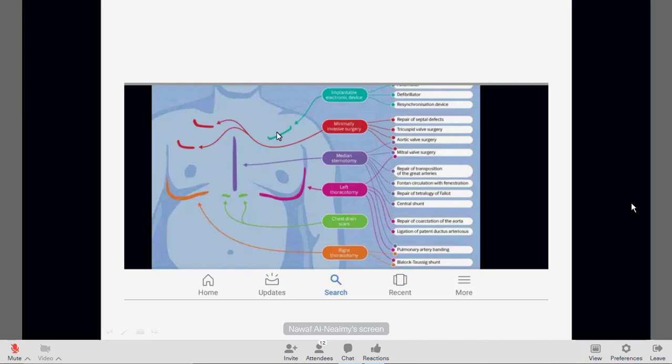If I have a left subclavian scar. But if I have a left posterior thoracotomy, it is not always, like in this picture, that there is an anterior extension. No, sometimes it's just posterolateral. If I am standing on the right side of the patient, I may miss a left thoracotomy scar.